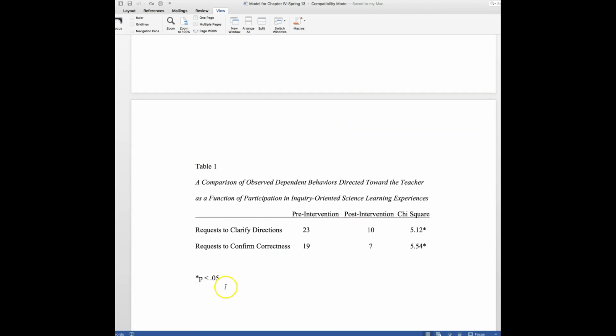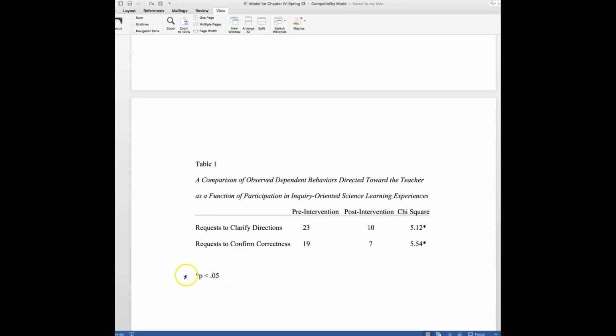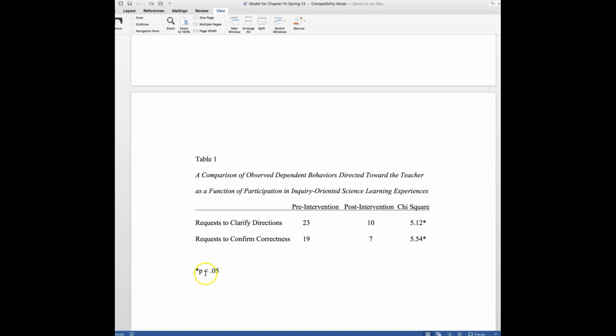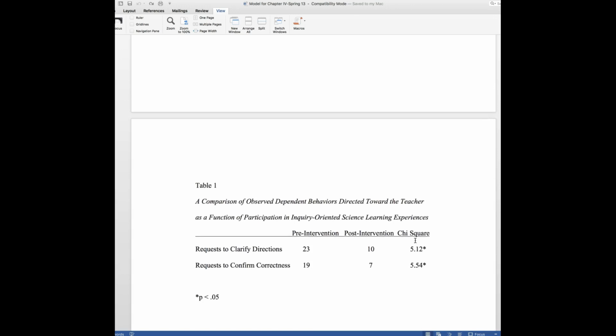This table indicates that it was statistically significant. P was less than 0.05. The probability of it occurring by chance was less than 0.05. And you can see this asterisk means both of these had statistically significant results.